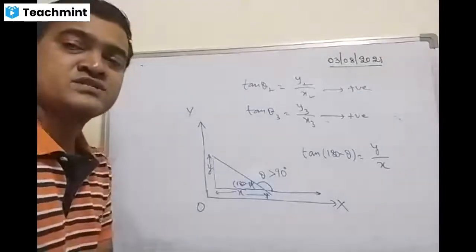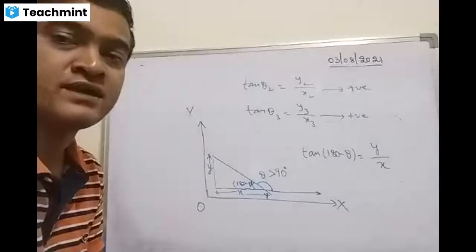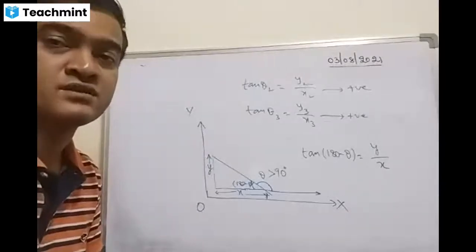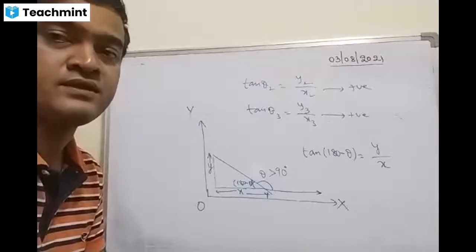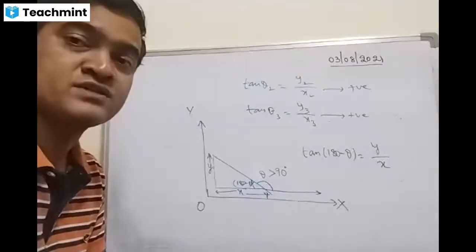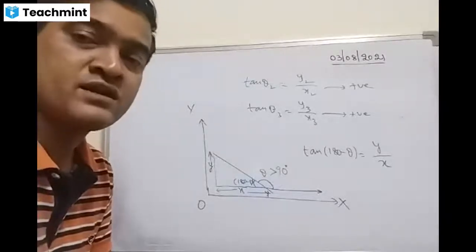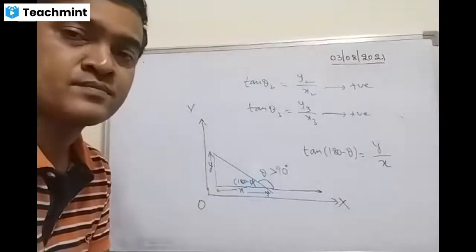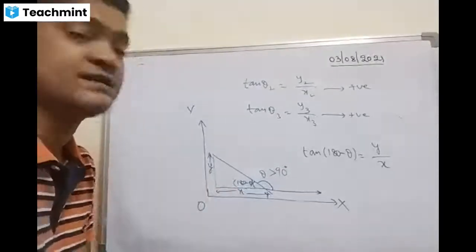But 180 minus theta is in which quadrant? 180 minus theta will be in the second quadrant. In the second quadrant, is tan positive or negative? In the second quadrant, tan value is negative.